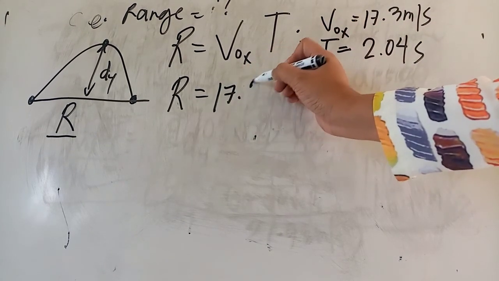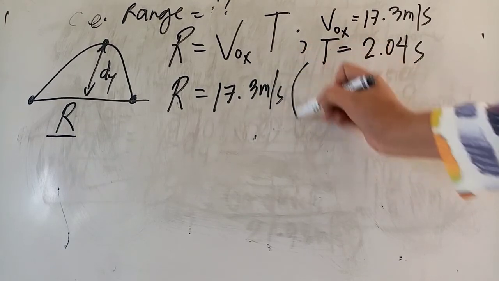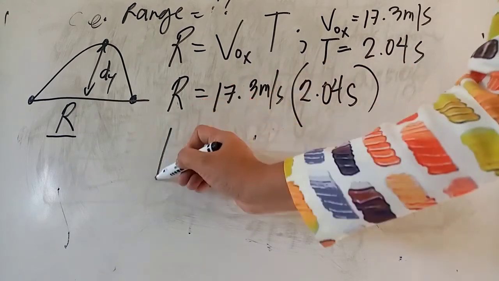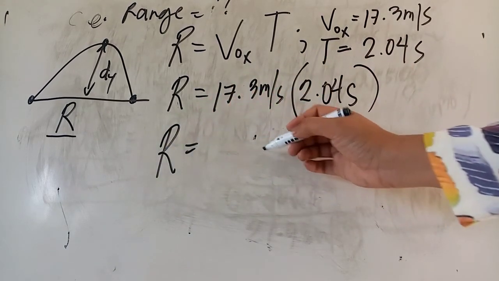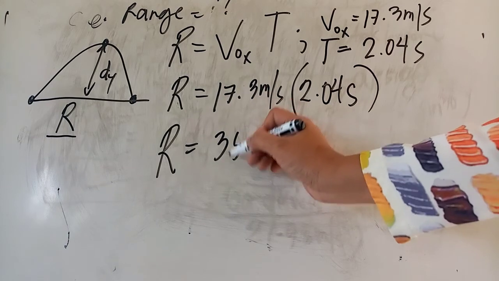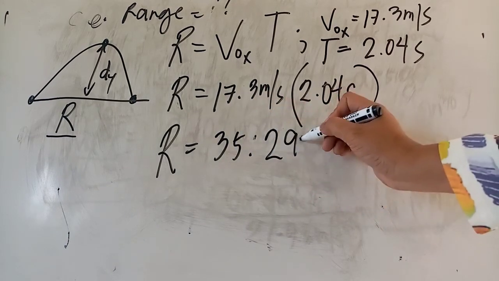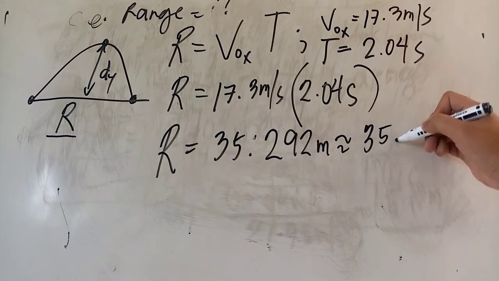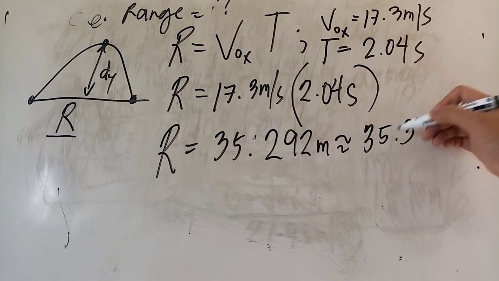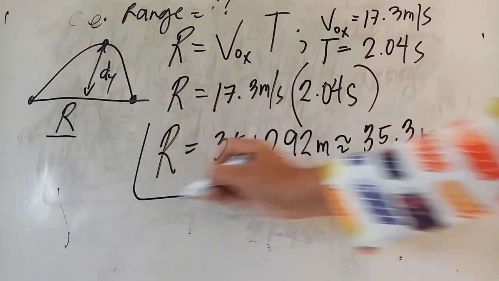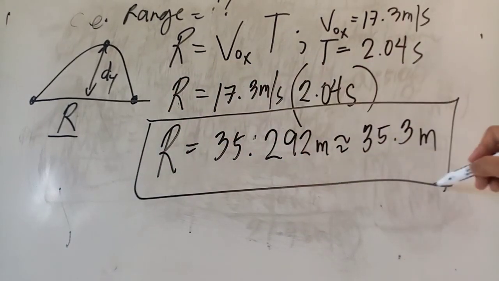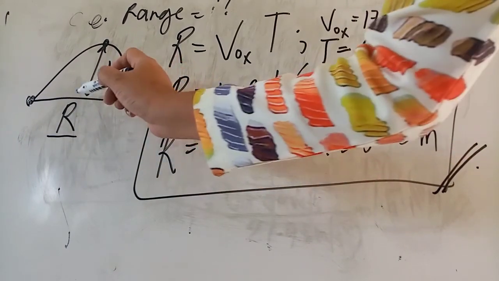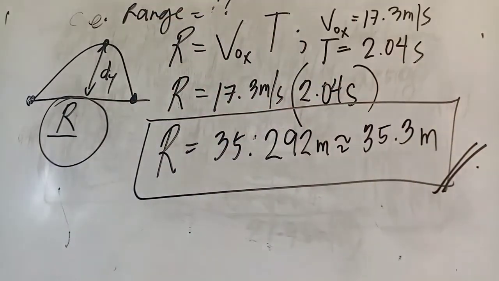That's 17.3 meters per second times 2.04 seconds. Using your calculator, you will get that our range is equal to 35.292 meters, which is approximately 35.3 meters. And this is the distance from the initial position to the final position, or what we call our range.